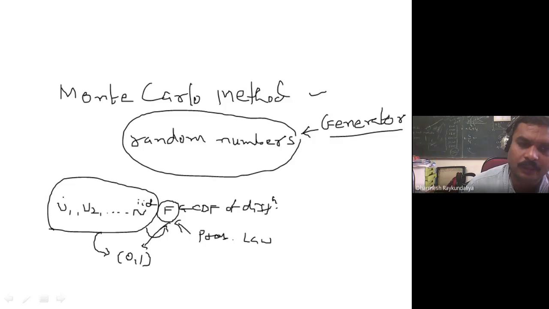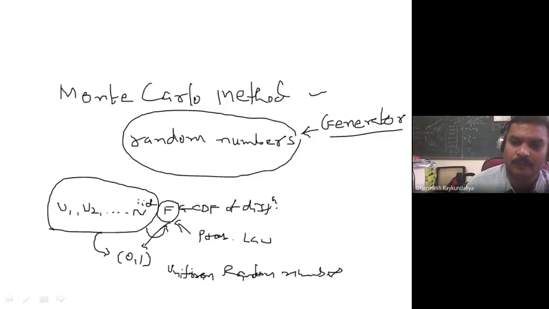Then we say that u1, u2, u3 are nothing but uniform random numbers. So it is a sequence of uniform random numbers.